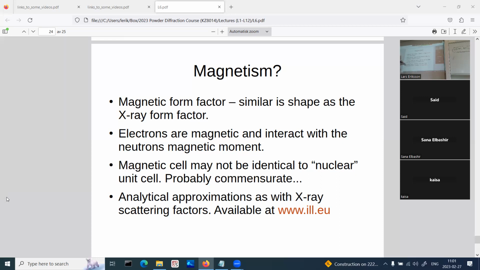There are analytic approximations for how to calculate form factors for magnetism. You can find them, for example, at ILL, an institute in Grenoble in France, and at very many other places also. Google for magnetic form factor. Fine.